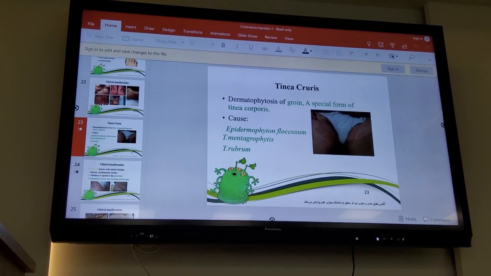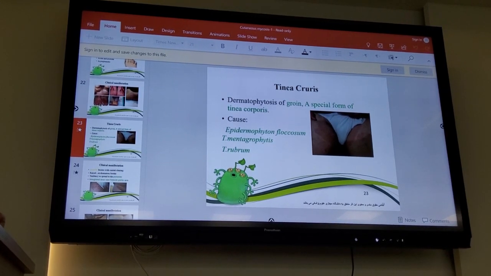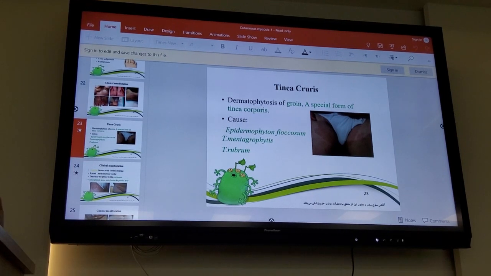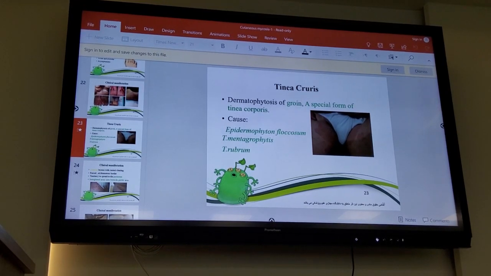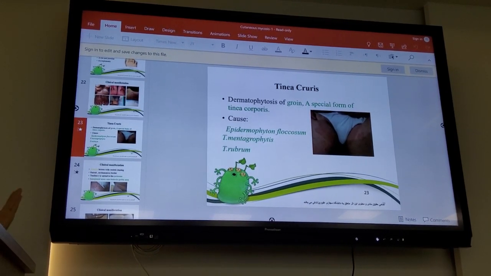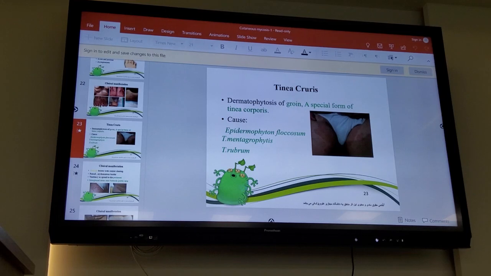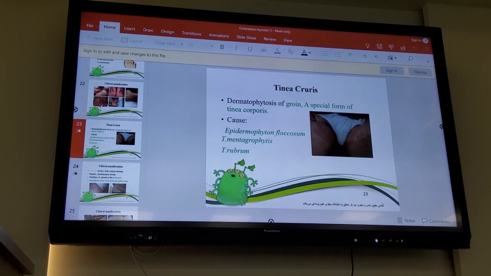When the etiologic agent is Trichophyton mentagrophytes, you must estimate the speed of infection to the buttock area. But Epidermophyton floccosum and rubrum are limited to the skin around the genital area, and usually you don't have any lesion in men in the scrotum, in the testis.